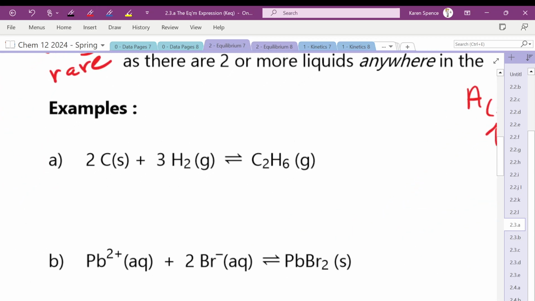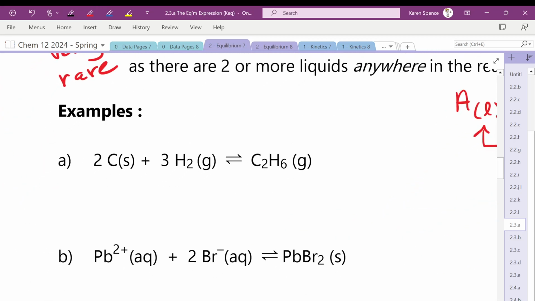All right. So let us take a look at this reaction here. We're going to write KEQ equals, and we remember we want to have our products over our reactants. So KEQ is equal to, who is our product?